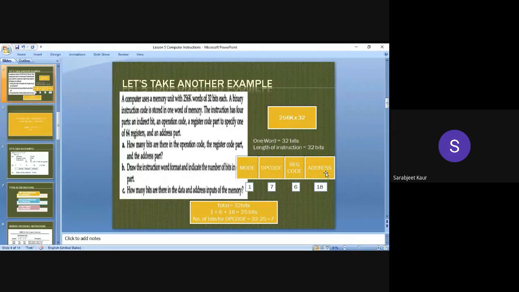How many registers are given? 64, which is equal to 2 raised to the power of 6. So how many bits will be required to specify the register? 6. Is this clear now? Yes, ma'am. Okay, good.